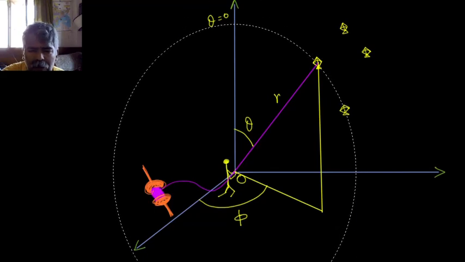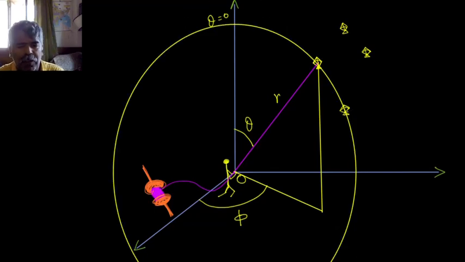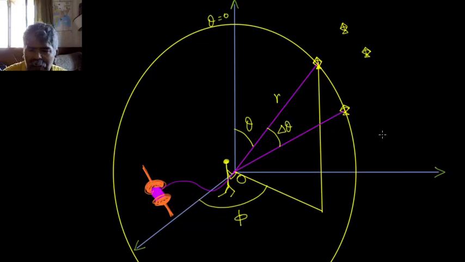Suppose this is the new position of the kite. Now if you join this with this, this is the change in theta, right?